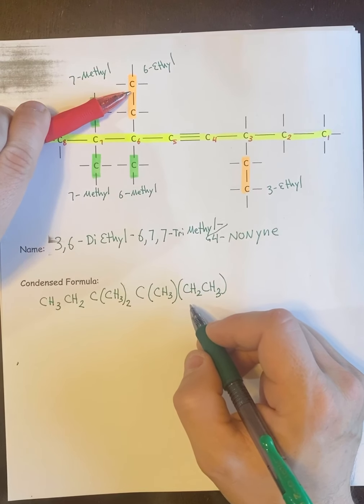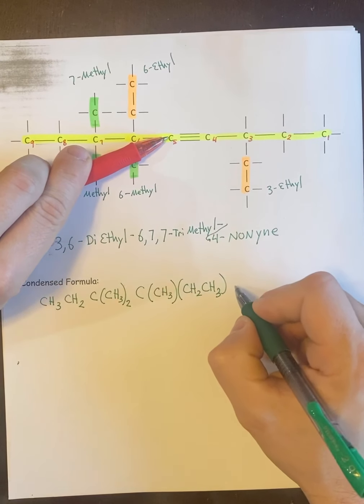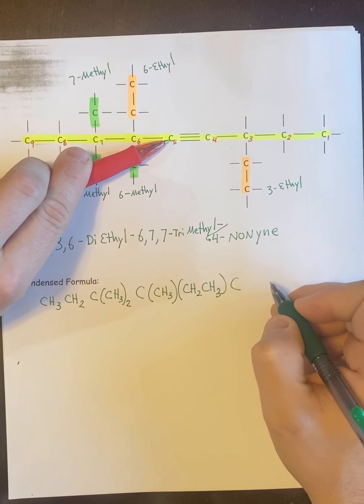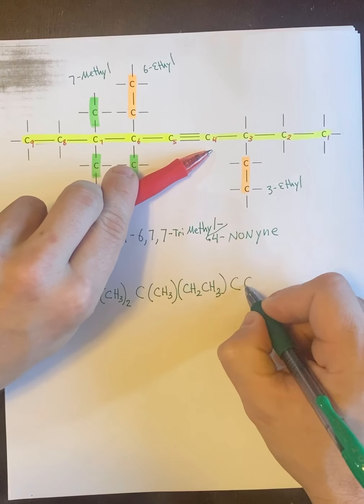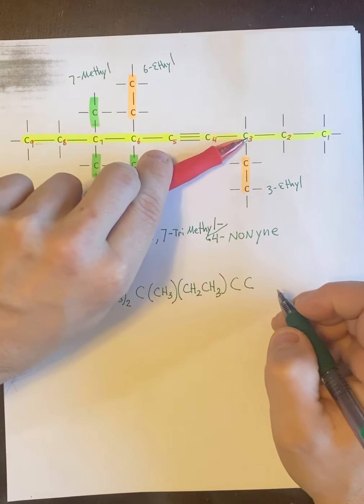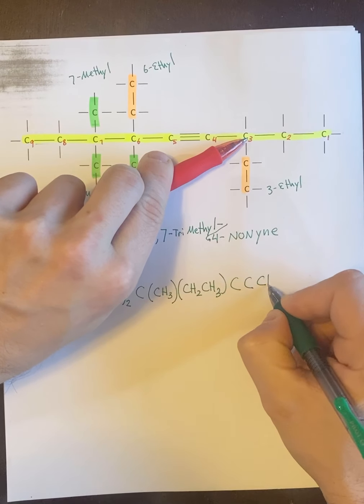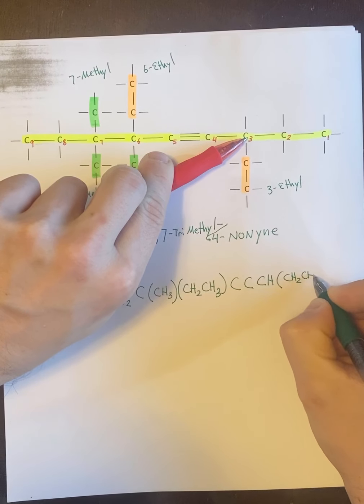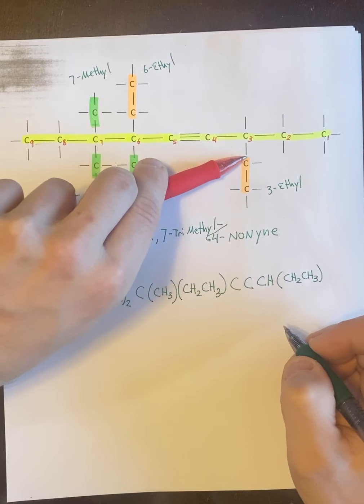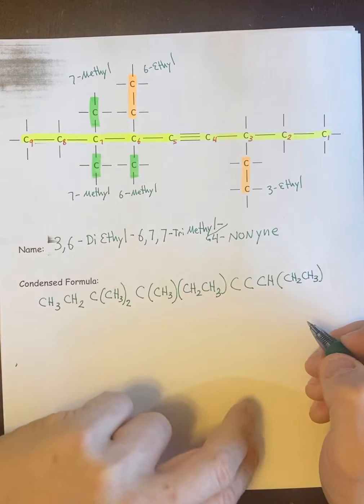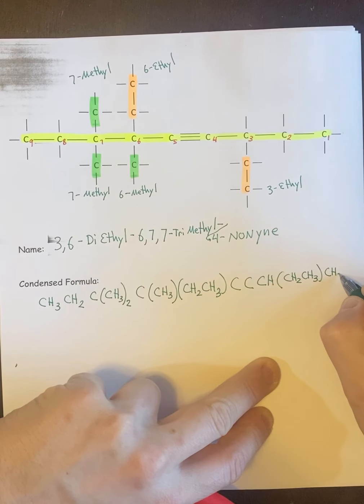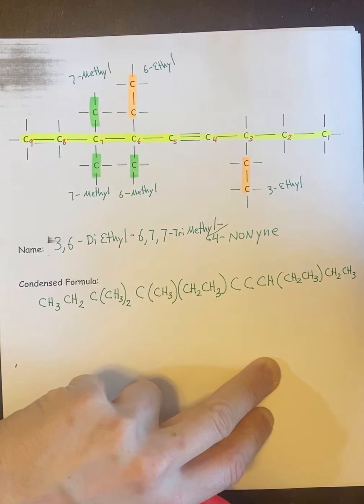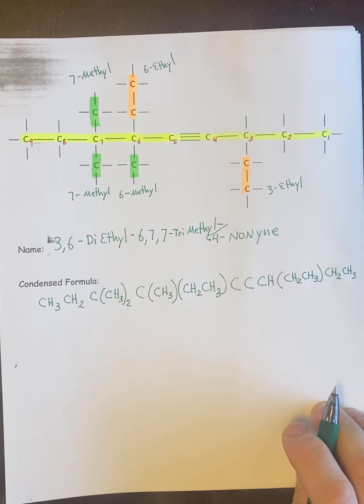Again, close it. Now I'm on to carbon 5. Carbon 5 has no H's, so I just write a C. Carbon 4, no H's, so I just write another C. Carbon 3 has 1 H, and then in parentheses, CH2, CH3, that's this group, and then CH2, CH3 for carbons 2 and 1.